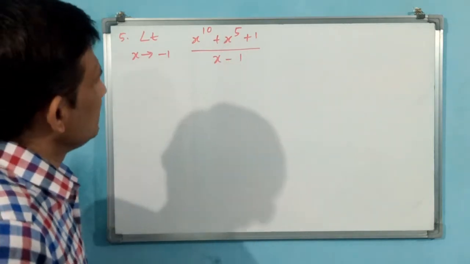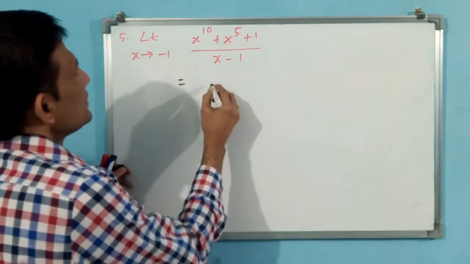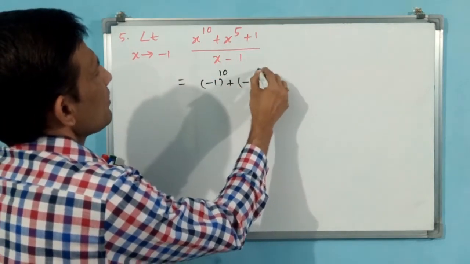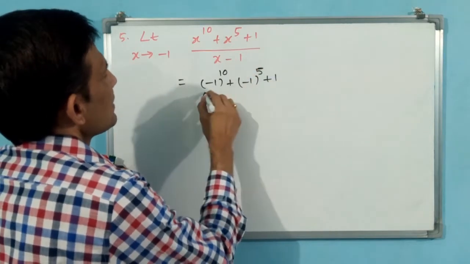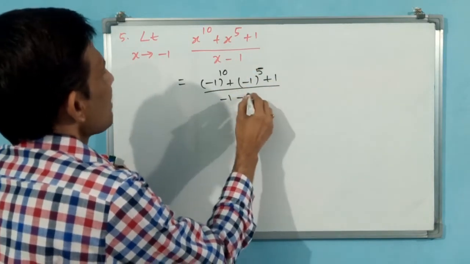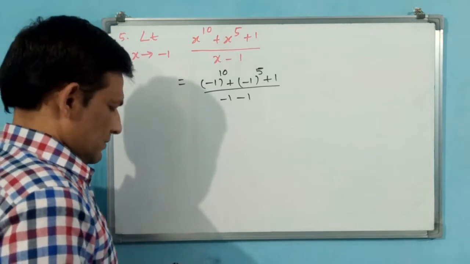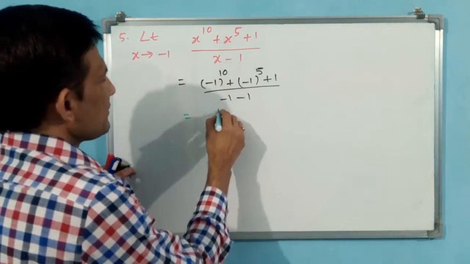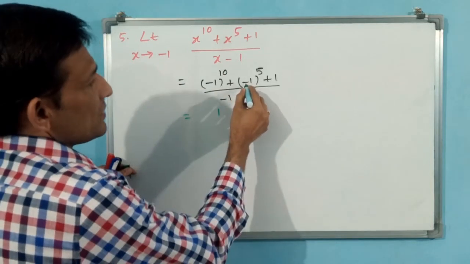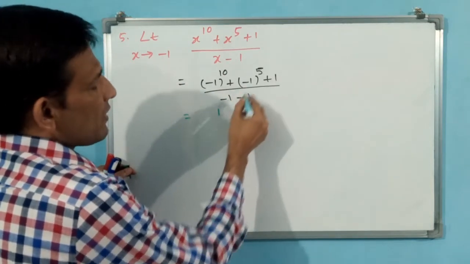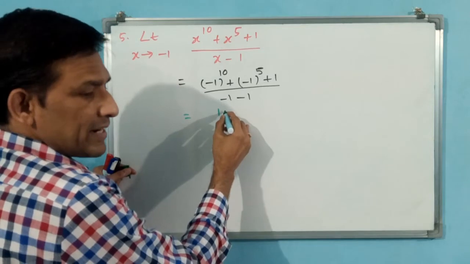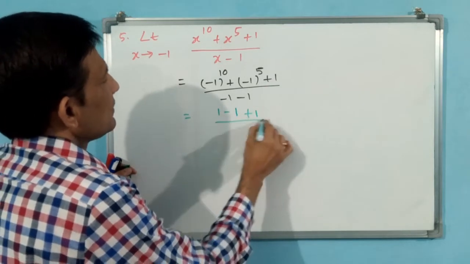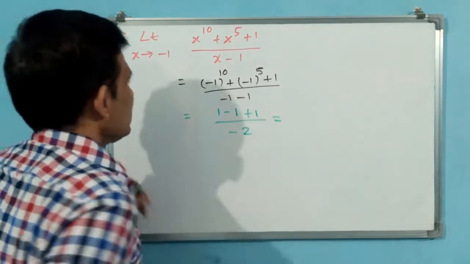Let us do. That is equal to minus 1 whole power 10 plus minus 1 whole power 5 plus 1 by minus 1 minus 1. You see, minus 1 whole power 10 is 1. This is minus 1 whole power 5, minus 1. Now, rather than writing plus again, I am writing directly minus 1 plus 1 by minus 2.